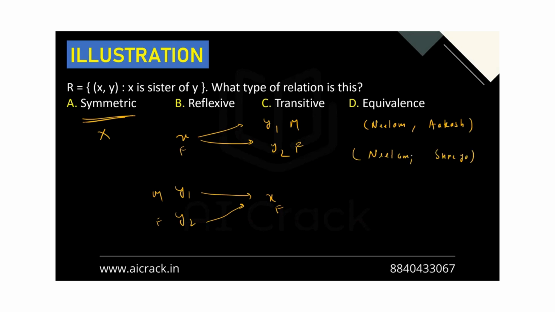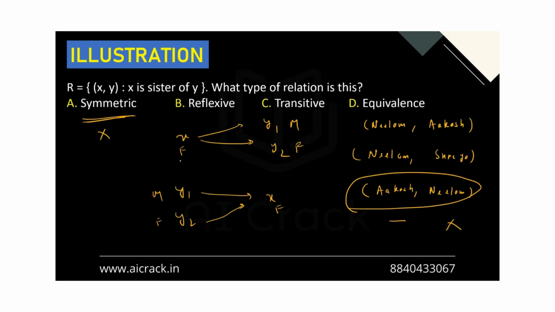Now both elements are satisfied by x is sister of y. Neelam is sister of Akash, Neelam is sister of Shreya, right? Now for it to be symmetric, we have to do the reverse. We have to write Akash and Neelam. We have to have this element in this set. But is it possible? Is Akash sister of Neelam? No, it's not. So that's why it's not symmetric, right?